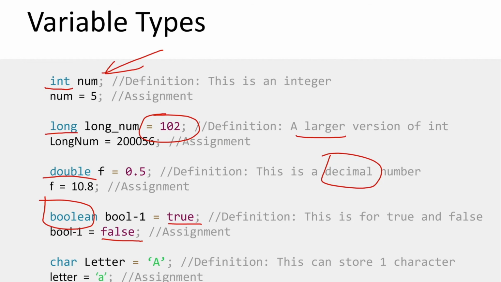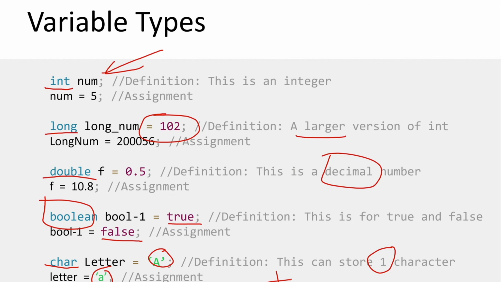Now let's check out the char, or character. This can store one character and one only. It can be a letter like capital A or even lowercase a. It can also be symbols like underscore and plus.